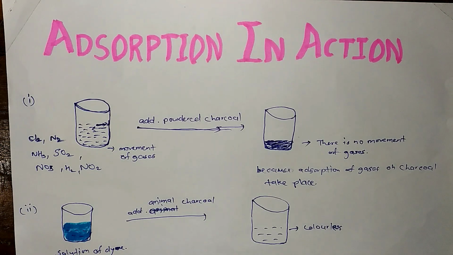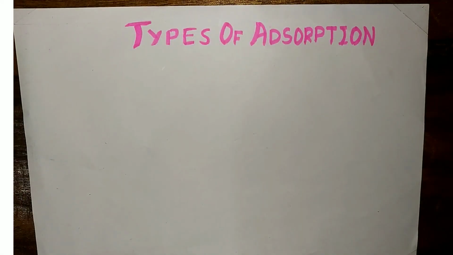This is one example. The solution had a blue color, and now we have seen that it is colorless. Next, we will see the concept of types of adsorption.